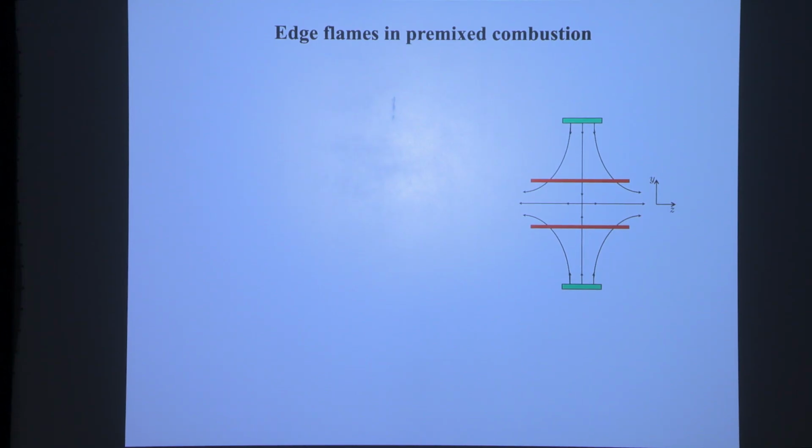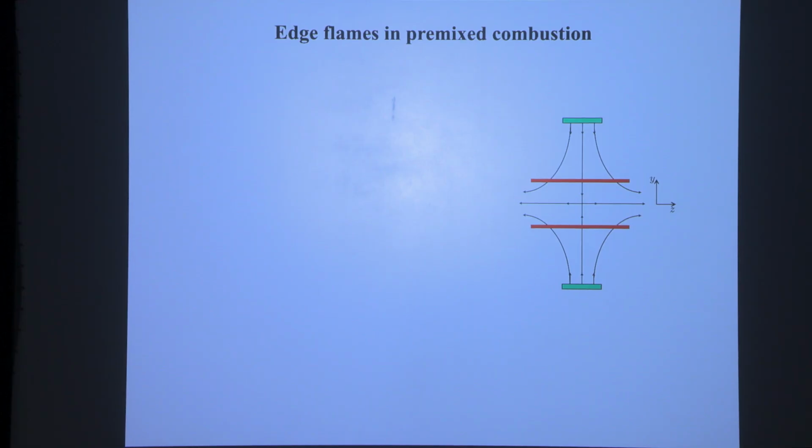They possibly could exist also in premixed flames, or at least in some models that people have used to study these edge flames, or as I said, people call them triple flames. For example, here are two impinging jets, premixed and premixed, and so you have, as we have seen earlier this week, twin premixed flames.